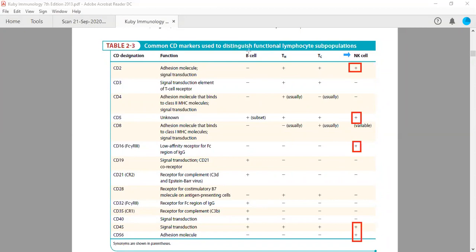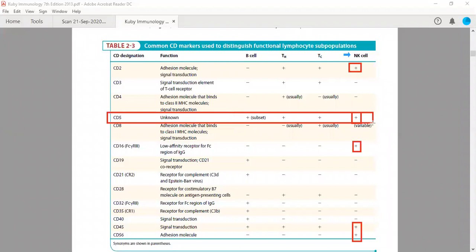All the cells written here, B cells, T helper, T cytotoxic, and natural killer cells, are all lymphocytes. So they should have something in common. And what is this common? Common is this one, CD5, which is present in all the cell types. So we can neglect this one. Actually, CD5 is present in all the lymphocytes. So they are called lymphocytes because they have CD5.